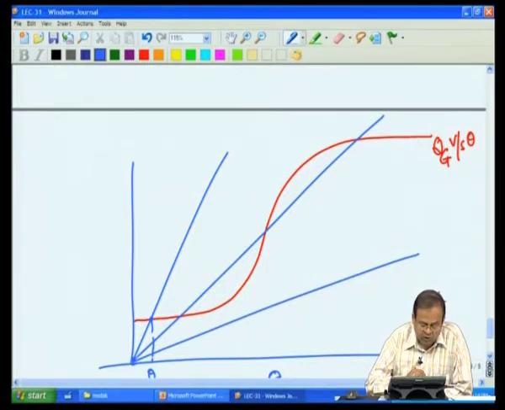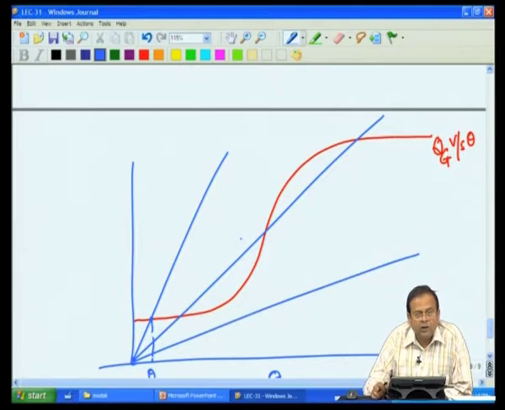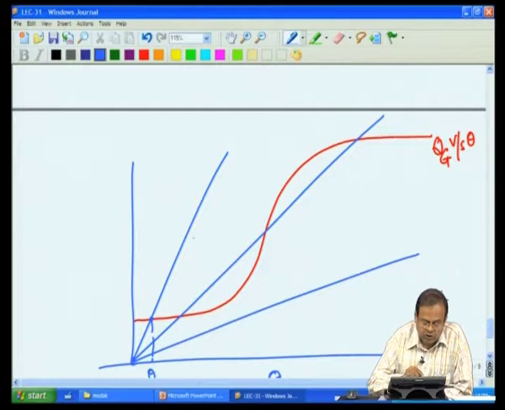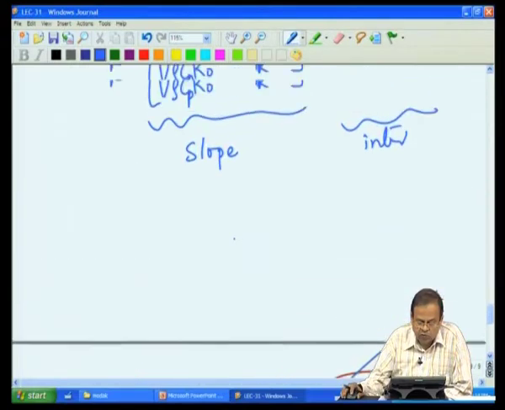Now, what happens if heat generation is, as we change the slope of this line? Now, how can we change the slope of this line?